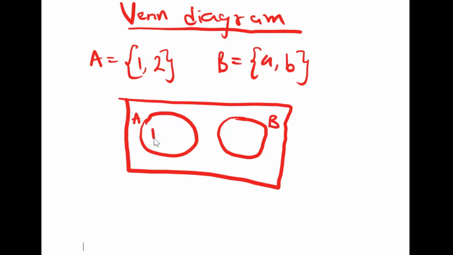So here I have A, 1, 2 and A, B. This is just a way of representing a Venn diagram.